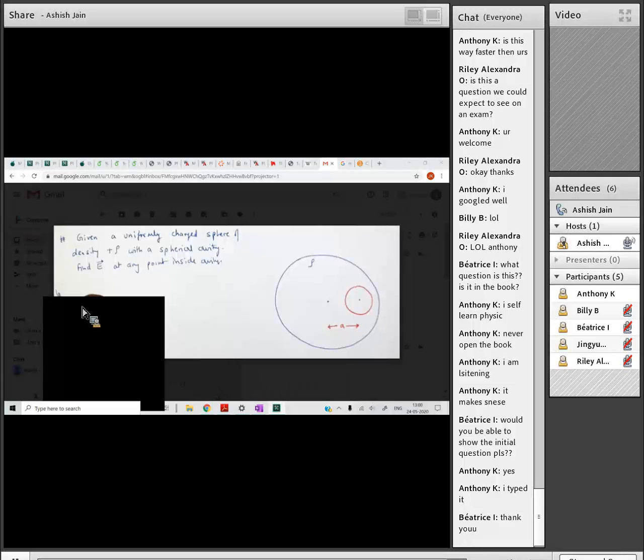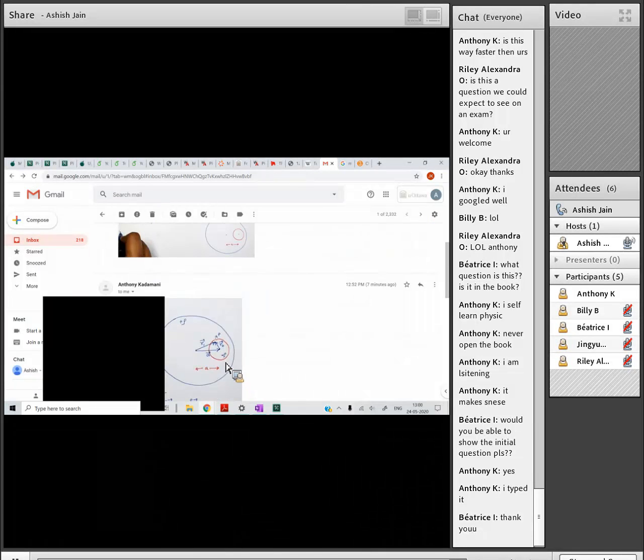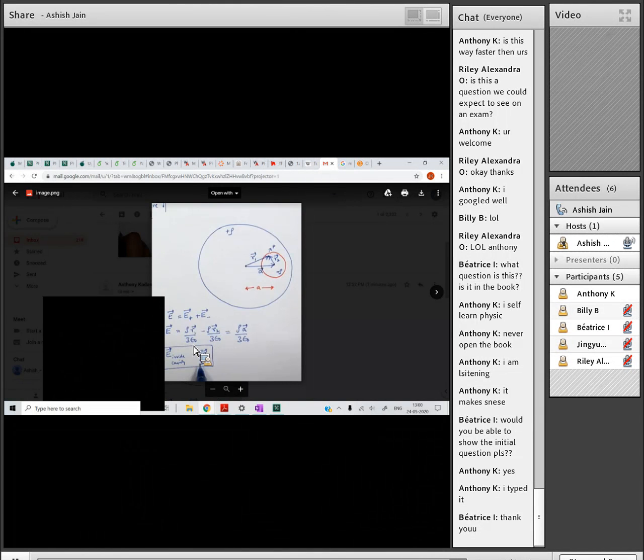So physically, if you have a hollow somewhere, you take the summation effect due to the whole, and then you subtract it. That's what I did, and that's what they are doing. They're just writing short forms to get rho r 1 cap by 3 epsilon naught. You still have to do the integral, right?